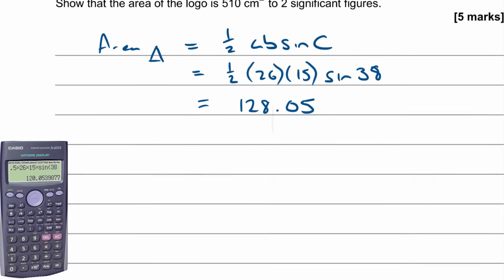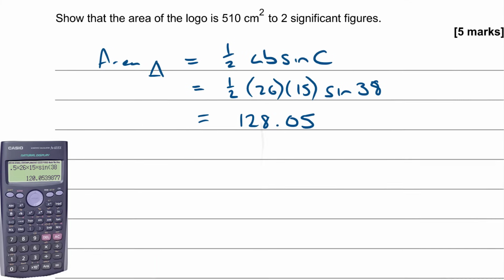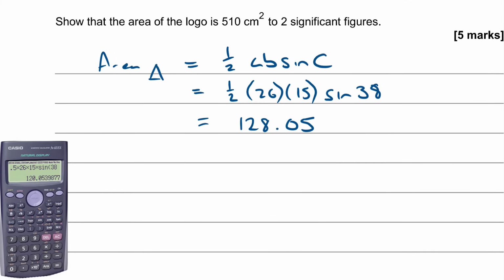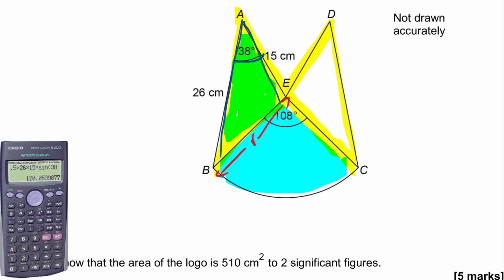So can you remember the cosine rule formula? The cosine rule formula says a squared equals b squared plus c squared minus 2bc cos A. Now that's the way around you use it to find a length, which is what we're trying to do here, isn't it?